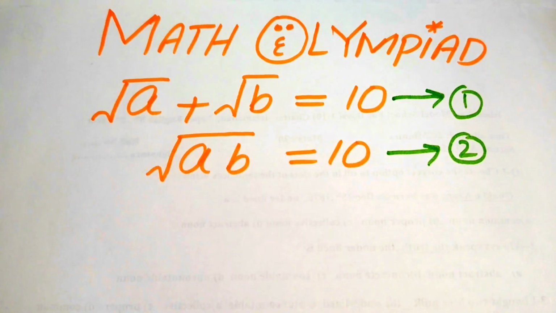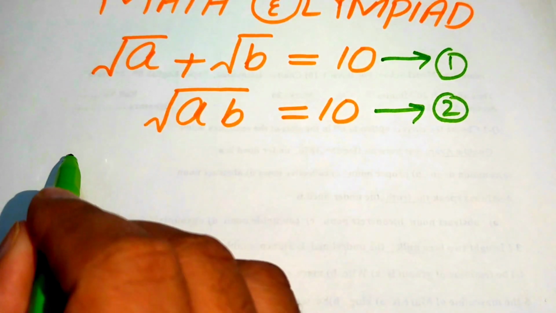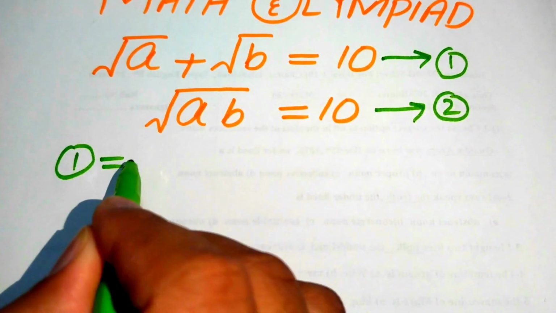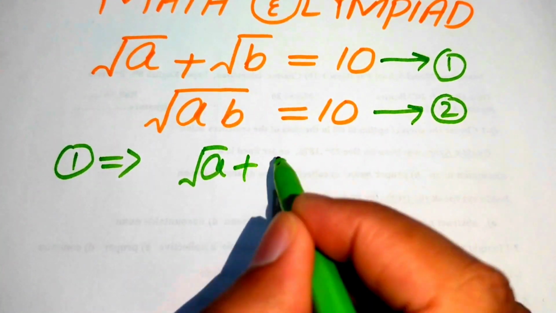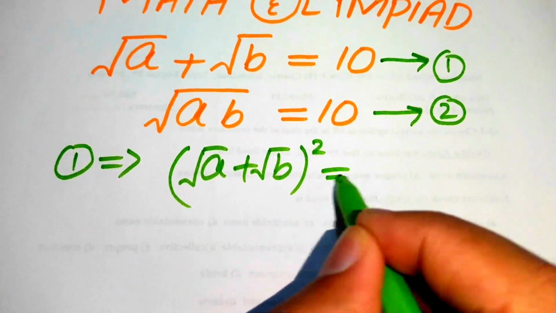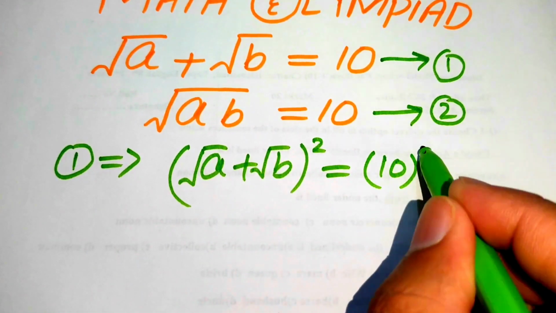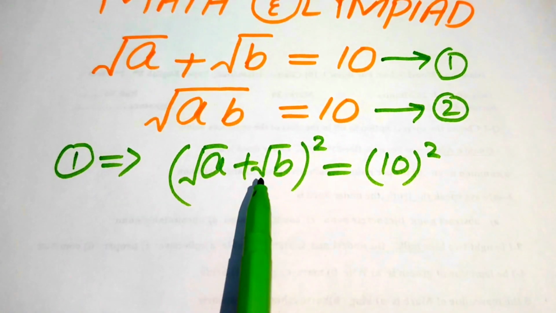And in equation number 1, we first take the square on both sides. So we write that equation number 1 implies (square root of a plus square root of b) whole square equals 10 square. Here we just take the square on both sides of equation number 1.